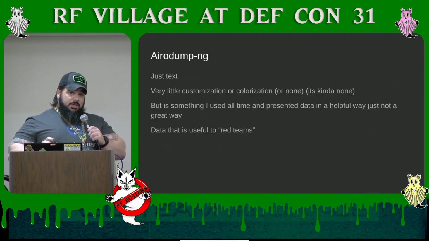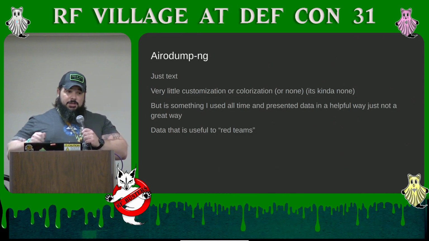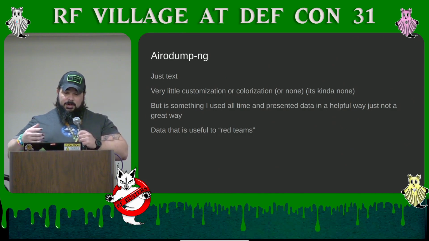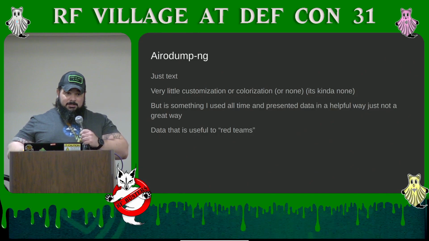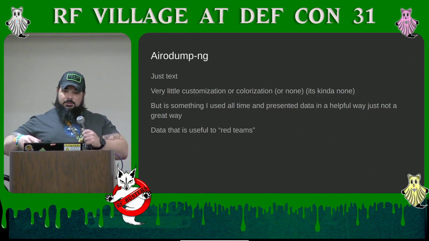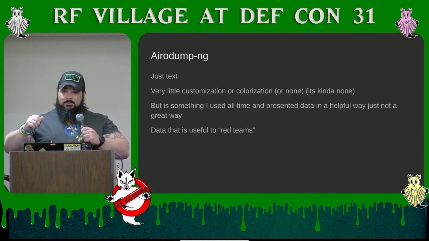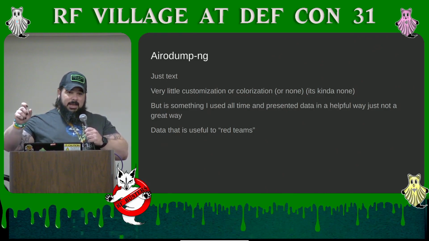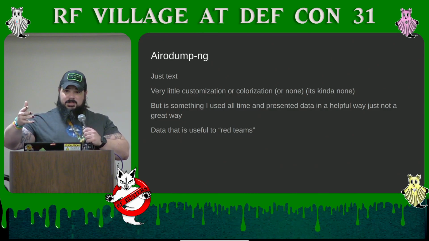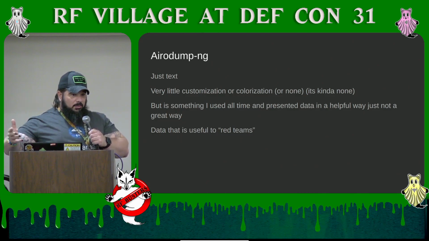Airodump is just text, but it does show, from a red team perspective, what I want. But it's not customizable. There are flags and filters you could possibly use, but it's not really inspecting the PCAP. It's just giving you a visual representation of what is available in the airwaves.